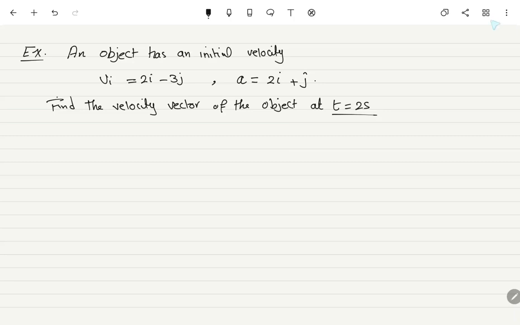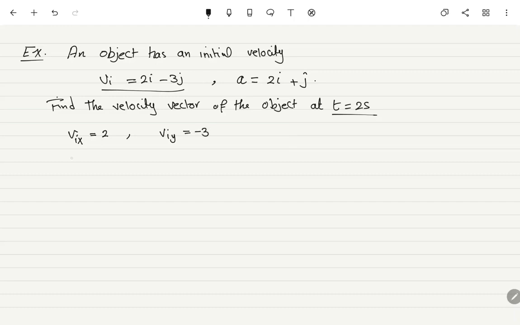From the given information, v initial x equals 2, and v initial y equals minus 3.